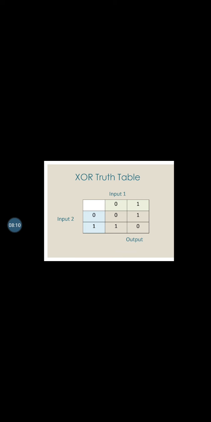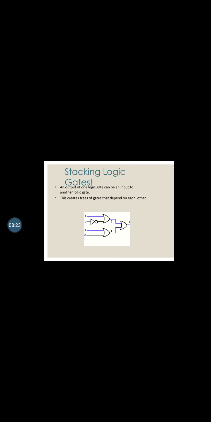If the inputs are of different logic, meaning 1 0 or 0 1, the output will be 1. If both inputs are the same, like 0 0 and 1 1, output will be 0. This is the truth table for XOR gates. For 0 0 it gives 0, for 1 1 it gives 0, while for 0 1 and 1 0 it gives the output 1.